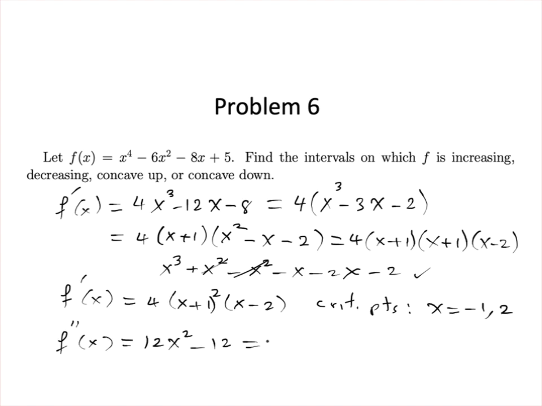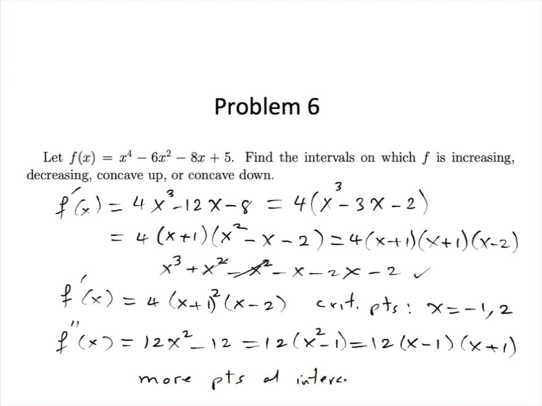This is factorable too. 12 times x squared minus 1, and that's 12 times x minus 1 times x plus 1. So these are more points of interest. Those are where the f double prime changes sign, and they are plus or minus 1.